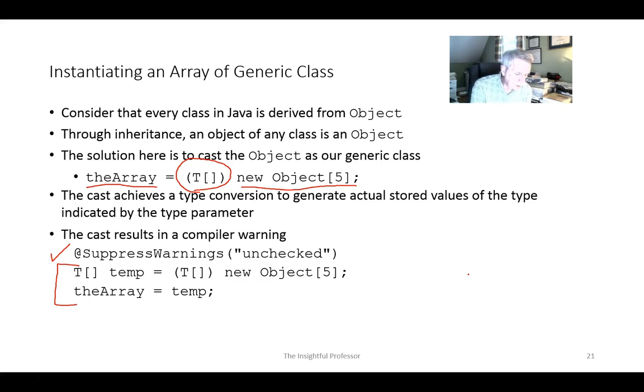The concept of unchecked means that the compiler doesn't have sufficient information to determine that all type checks necessary are actually going to ensure type safety. So the IDE that you might be using would generate some kind of compiler warning to bring this fact to your attention. But this is okay.